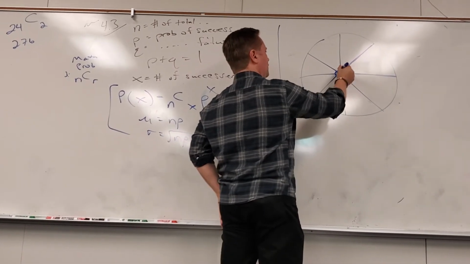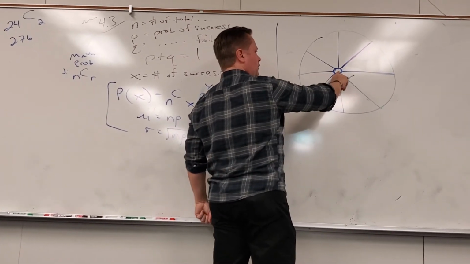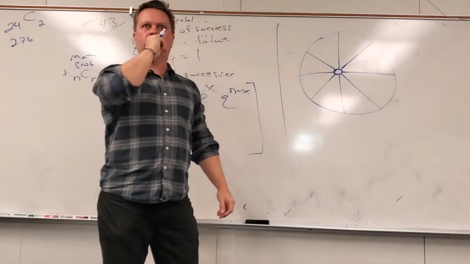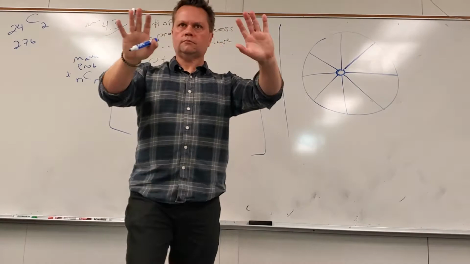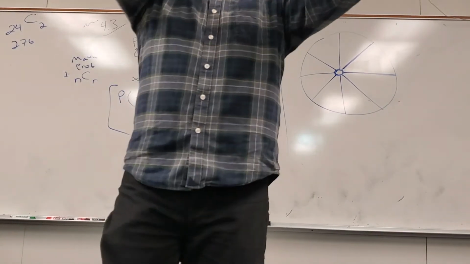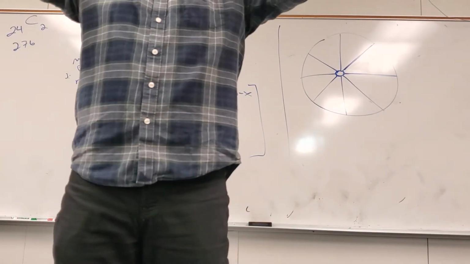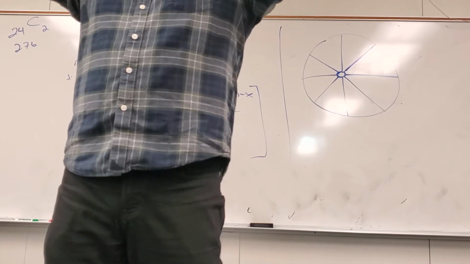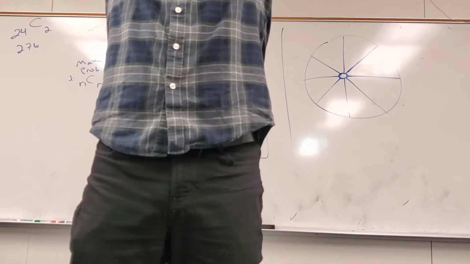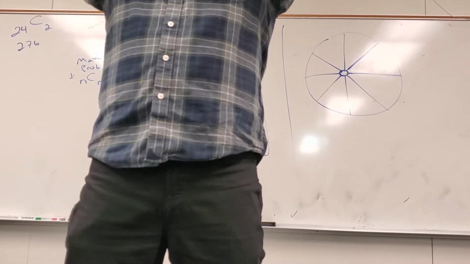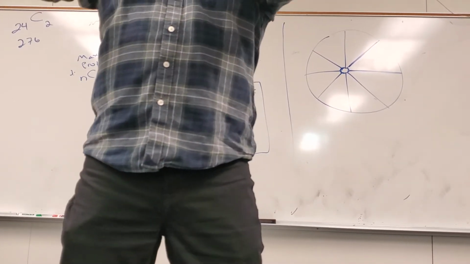So if I counted all the ones I hit, there would be very few that go in there, right? Because the area of it is so small. So here's the cool thing. Any visual I create, any graph of a probability situation I create, the probability that it lands somewhere is equal to the area of that place if the whole area is 1.